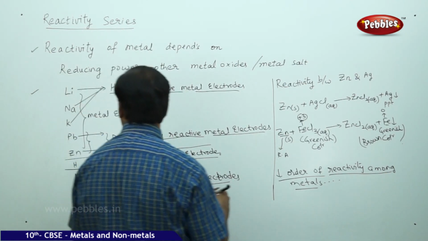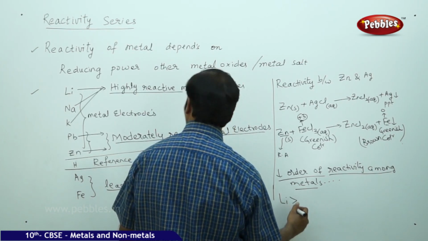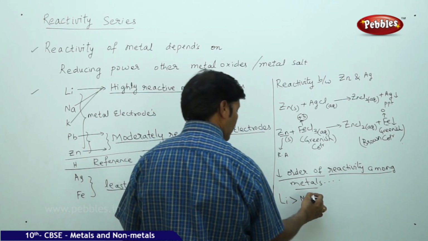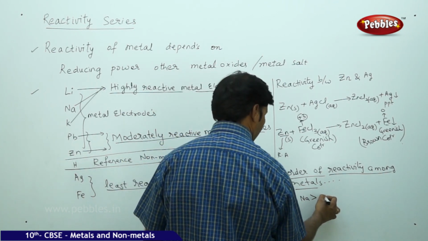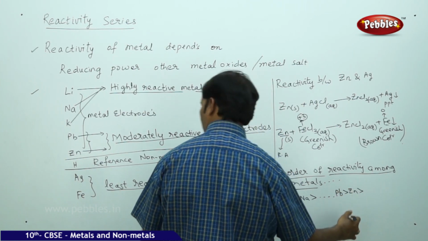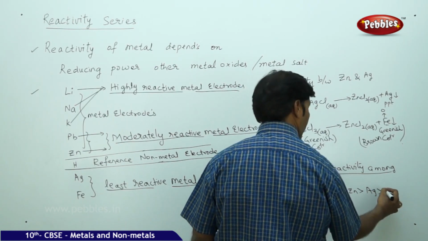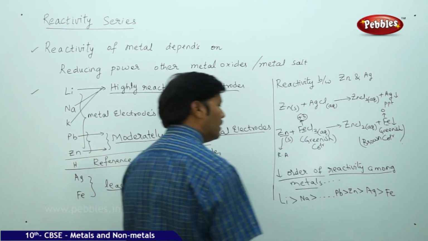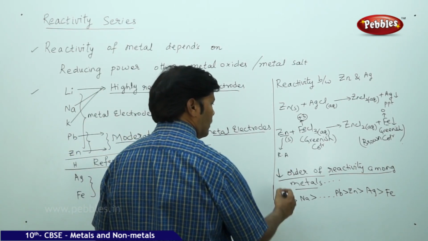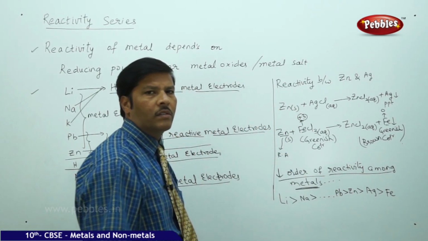So lithium is a better reducing agent than sodium, which is a better reducing agent than lead, which is a better reducing agent than zinc, which is a better reducing agent than silver, and finally iron. So this is the decreasing order of reactivity among metals in the reactivity series.